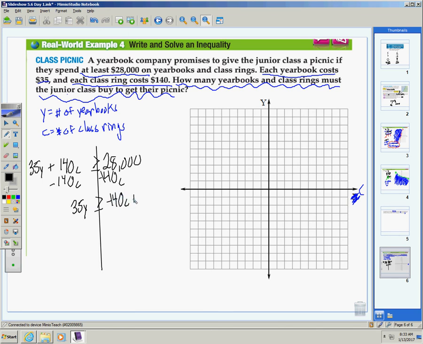And then I'm going to divide each side by 35. And I get y is greater than or equal to negative 140 divided by 35, which is 4, so negative 4c, plus 28,000 divided by 35, which gives me 800.